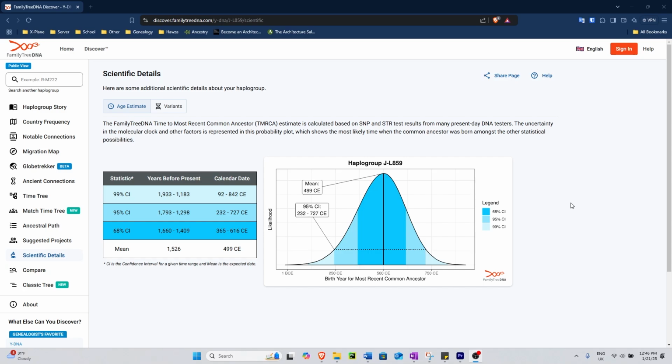So the way the TMRCA is done is very important, and with the number of testers increasing, the accuracy and the TMRCA staying at 500 CE is a huge strength in L859 being the true Sadat haplogroup.